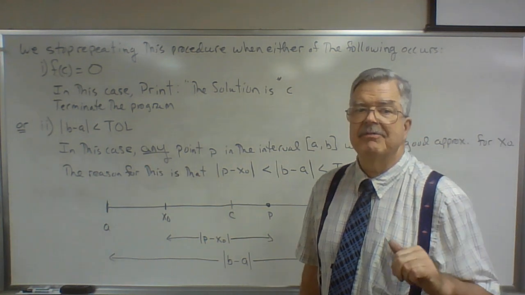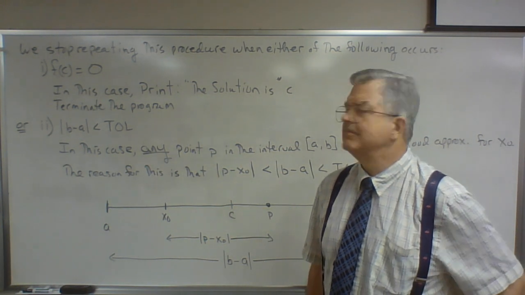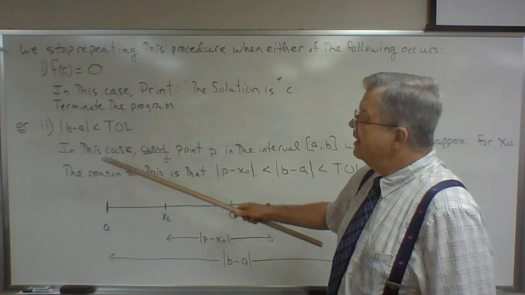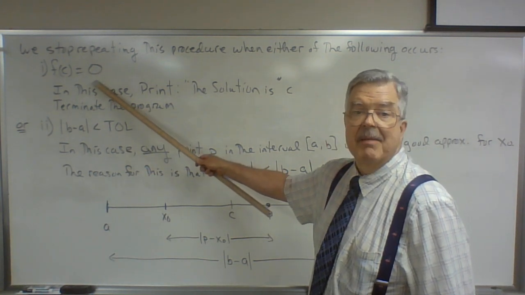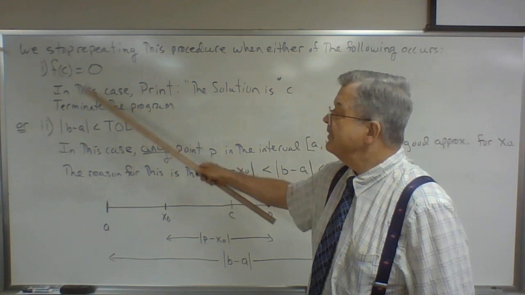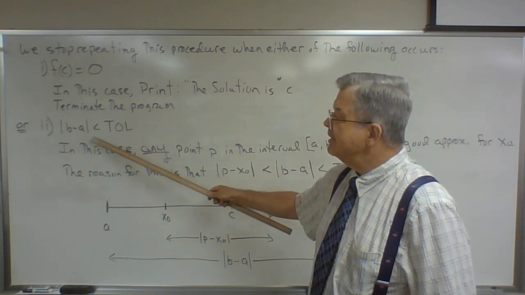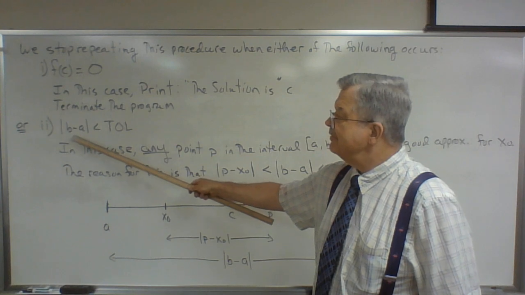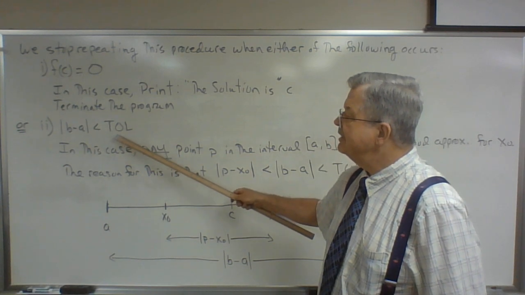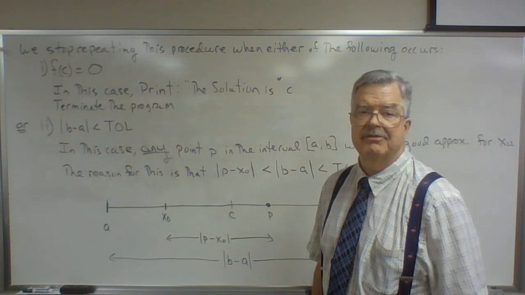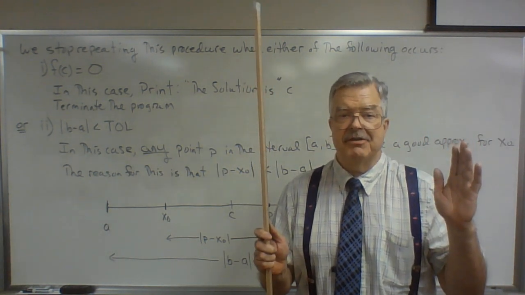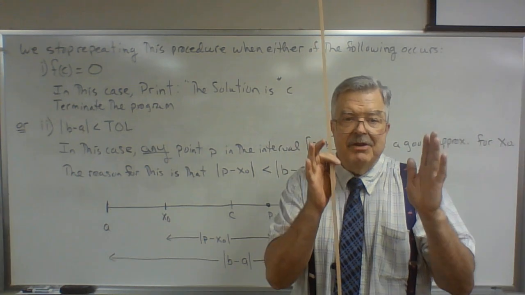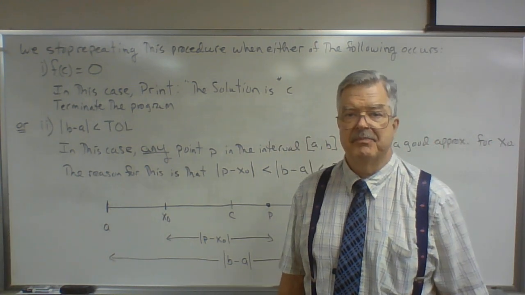It won't happen often, but it could happen now and then. The other thing, if this doesn't happen, and it probably won't, then what will happen is that the difference between B and A will eventually become less than our tolerance. We're cutting the interval AB in half each time and renaming the new endpoints A and B.